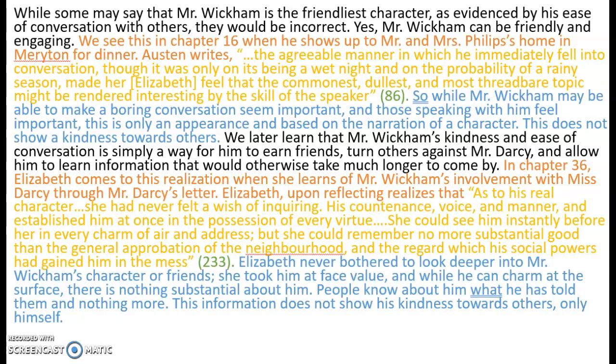Page 233. Elizabeth never bothered to look deeper into Mr. Wickham's character or friends. She took him at face value, and while he can charm at the surface, there's nothing substantial about him. People know about him what he has told them and nothing more. This information does not show his kindness towards others, only towards himself.